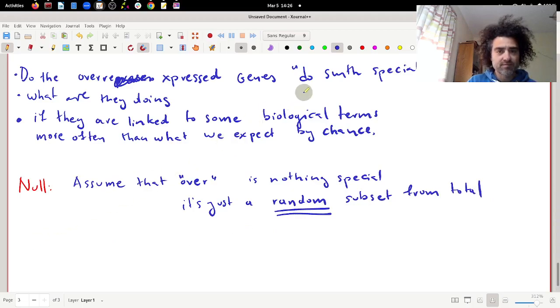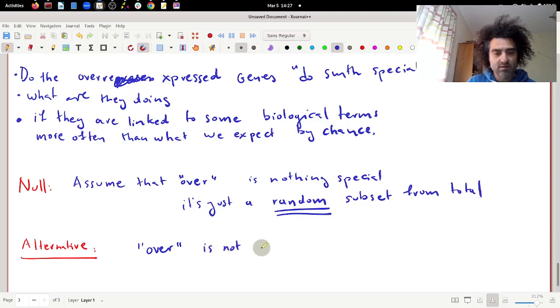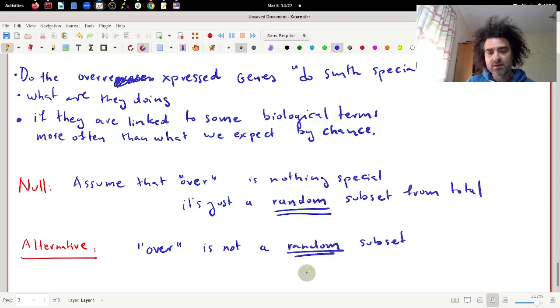And the alternative says that this is not true, that the overlist is not actually a random subset, but they are indeed genes that are doing something special, that are linked to some special biological process.